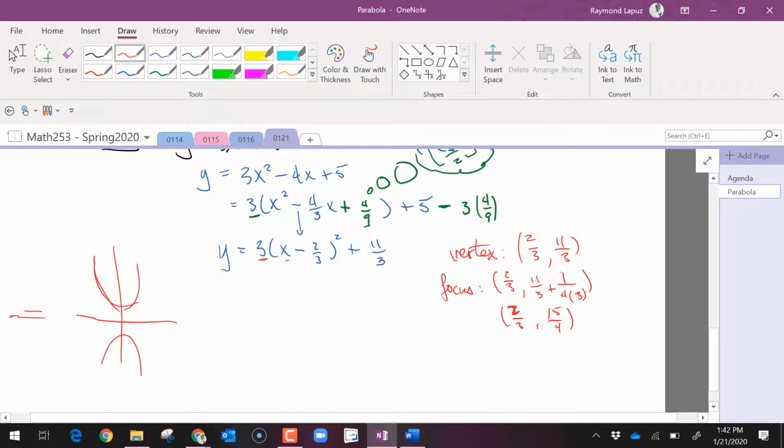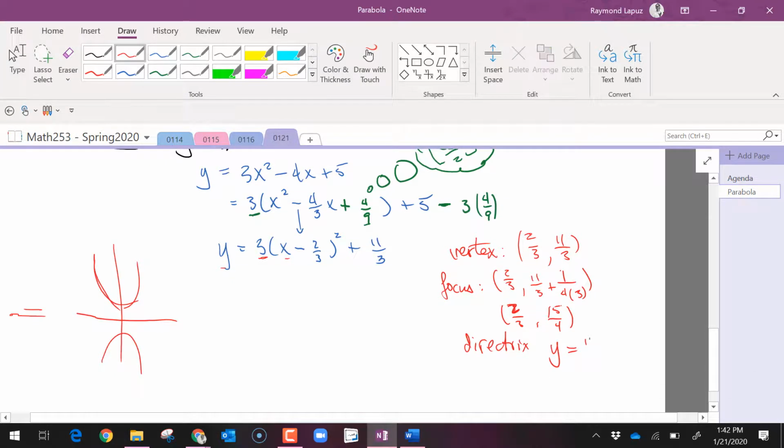And then the directrix. Since it's opening up or down, the directrix is going to be a horizontal line. y is equal to the 11/3 minus 1/4 times 3.